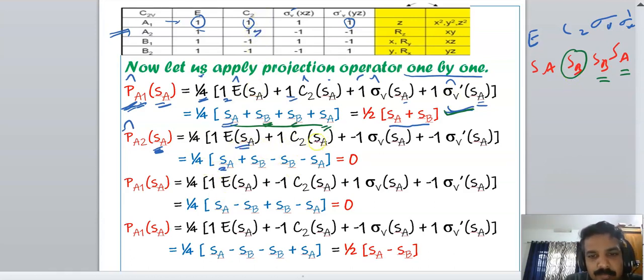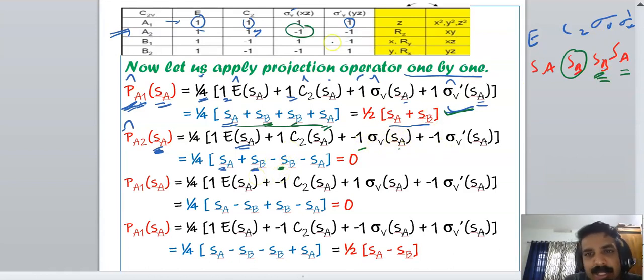So 1 into SB is equal to SB here. Okay. Then here it is minus 1. So minus 1 into sigma V into SA. Sigma V into SA is equal to SB. Therefore minus 1 into SB. So it is minus SB here.